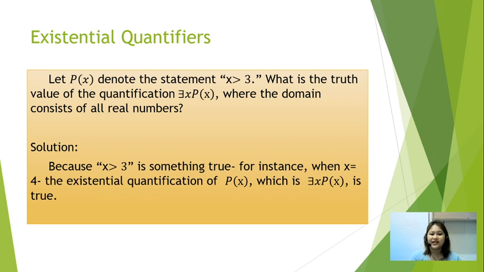In the existential quantification of P of x, the truth value is true because there is at least one element na pag sinubstitute mo doon sa value ng x, nagiging correct ang statement.